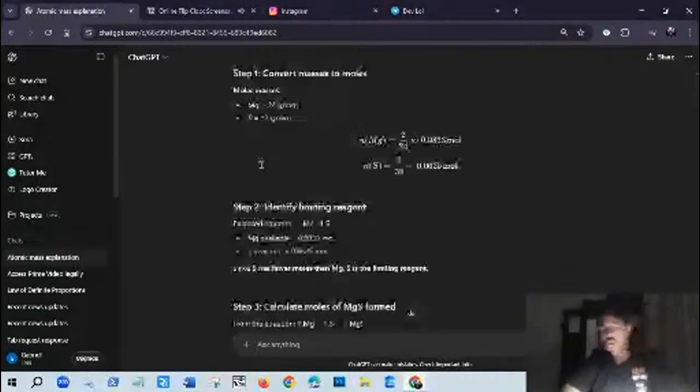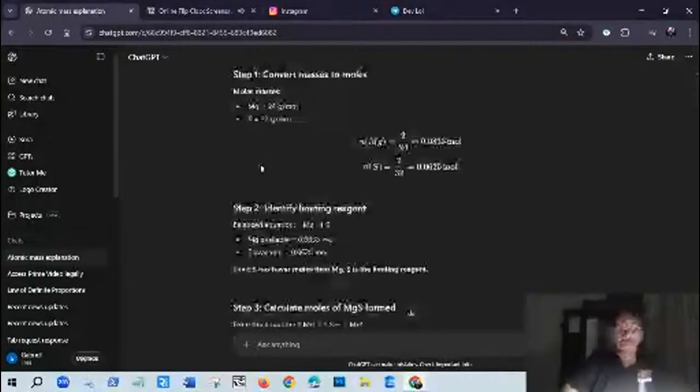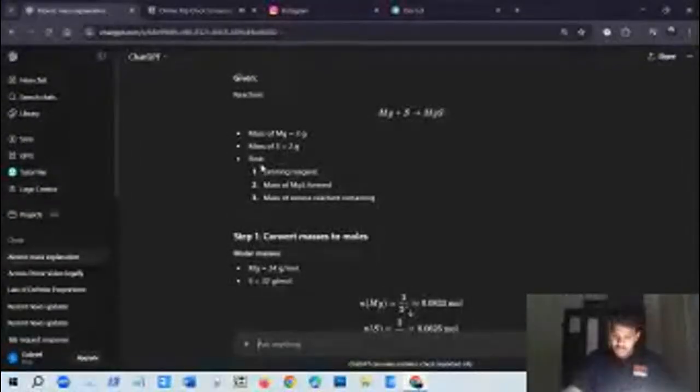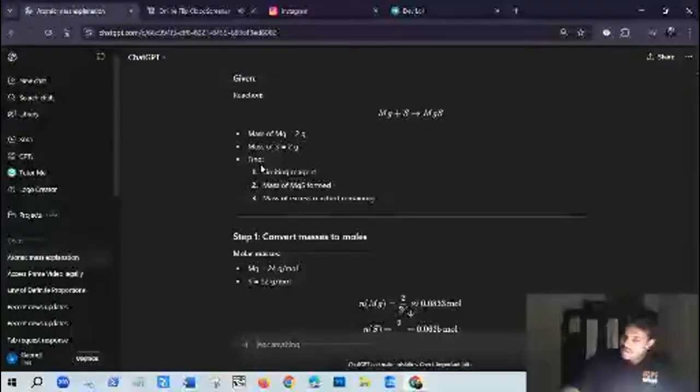Okay, identify the limiting reagent. So we can only do it in moles. So Mg plus S gives MgS. Mg is 2 grams, S is also 2 grams.